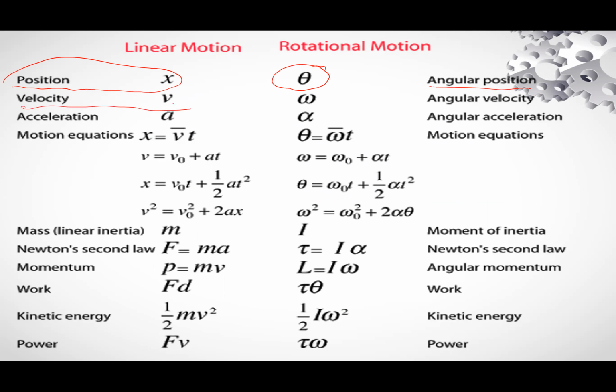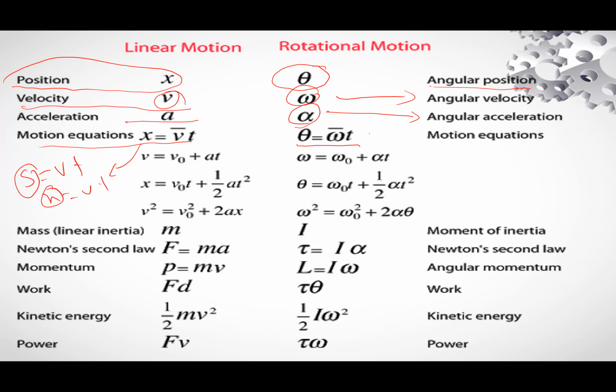Linear velocity is represented by v, and angular velocity by omega. Linear acceleration is represented by a, and angular acceleration by alpha. This is the linear equation, s is equal to vt, or x is equal to vt. In the angular case, it is written theta is equal to omega t.